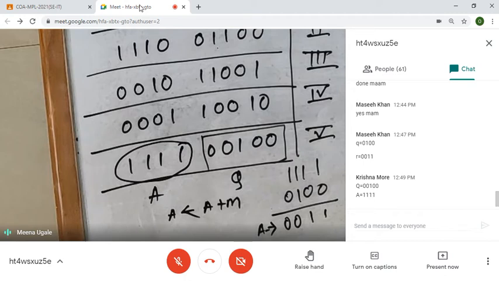Krishna, your A is 1111, correct? So that means it is a check for the last step in the flowchart. If A is negative, all ones, it indicates A is less than 0. Then you have to go for the last step in the flowchart, which tells you if A is less than 0, yes, go for A equal to A plus M. Check the last step of the flowchart, everyone.